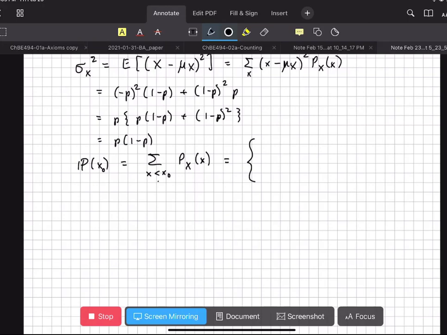If I am at a value of x that's less than 0, then I didn't hit any of the points that were allowed, and so my cumulative distribution is going to be 0. So this is when x naught is less than the value of 0.